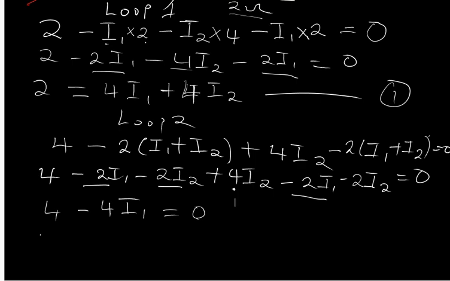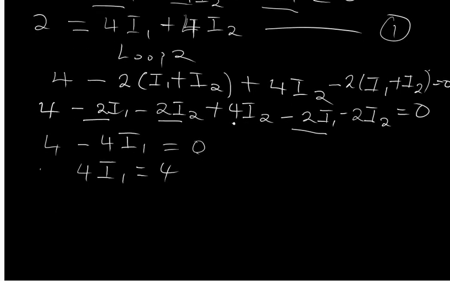So from all indication now, I have that 4I1 is equal to 4. Then I1 is equal to 4 over 4, which is 2 ampere.